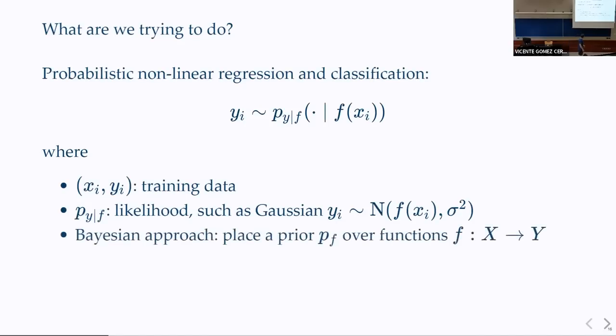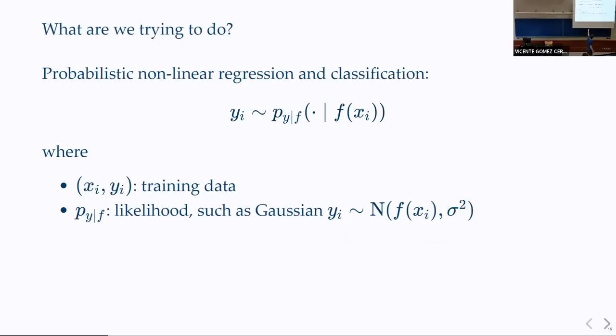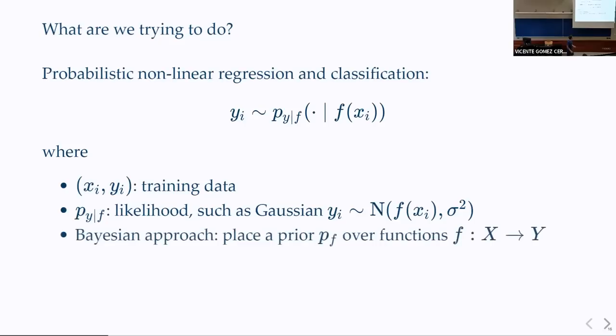An ingredient like this is enough to have a probabilistic approach to regression or classification. It's the centerpiece behind things like maximum likelihood estimation, going back to classical statistics.